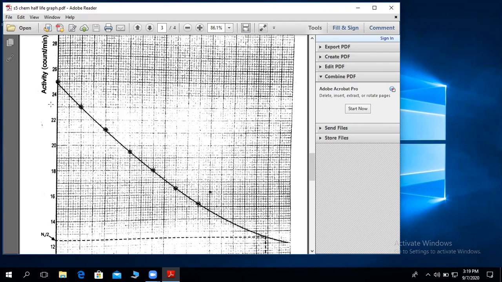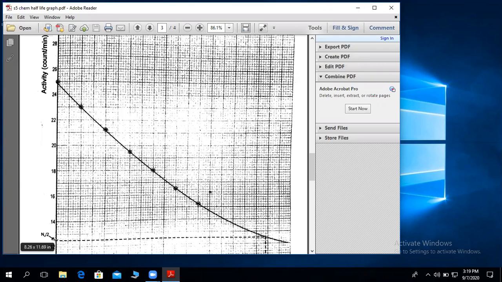When a question is asking you to determine the half-life, you can always get any two values. For example, this is 24 and this is 25. If I want to use this point here, 25, then I look for half of 25, and half of 25 is 12.5, which is this one here.